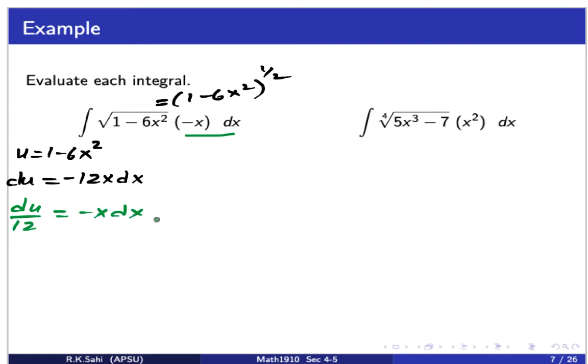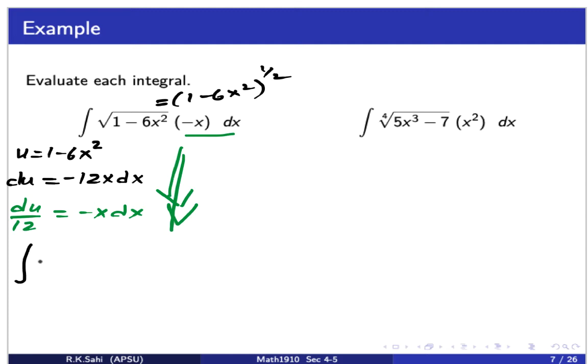Now this minus x dx is the same as what is in the integral. Now we are almost ready to make all the changes. The x variables of the integrand are now going to be written in terms of u.